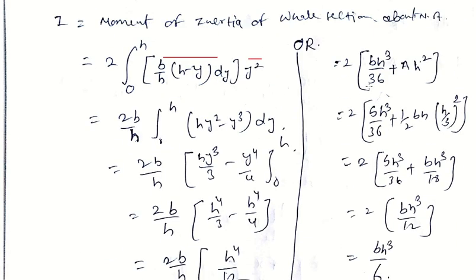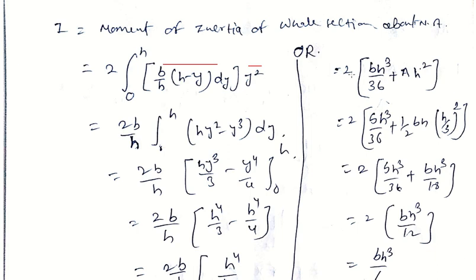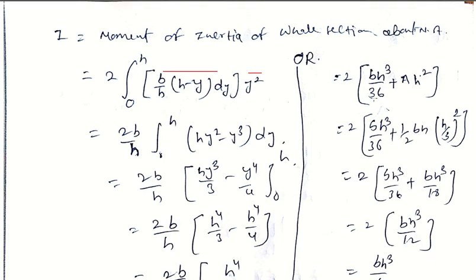Or in the other method, there are two triangular sections. So 2 times the moment of inertia of a triangular section plus the area of the triangular section times h dash squared, where h dash is the distance between the CG of the triangle and the neutral axis of the whole figure.